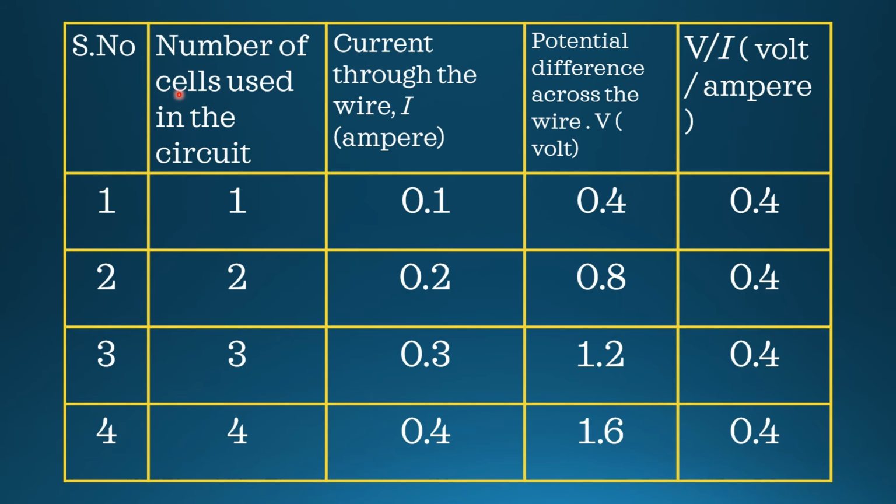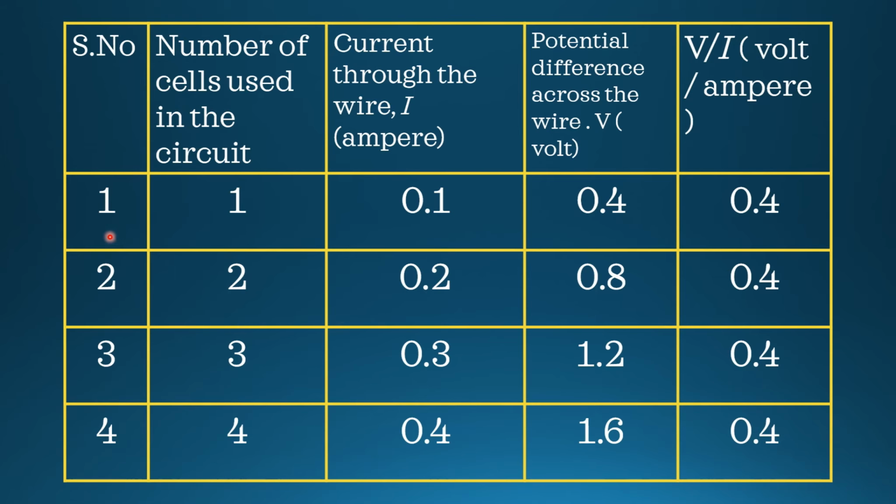Now, first, the number of cells used in the circuit. We are measuring the current through the wire, in amperes, using the ammeter, and using the voltmeter we are measuring the potential difference across the wire, and we are calculating the V by I ratio.